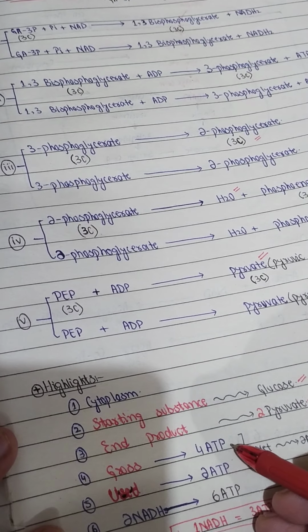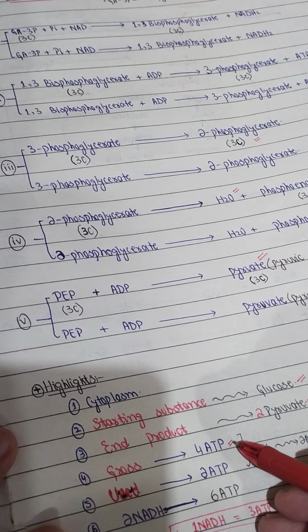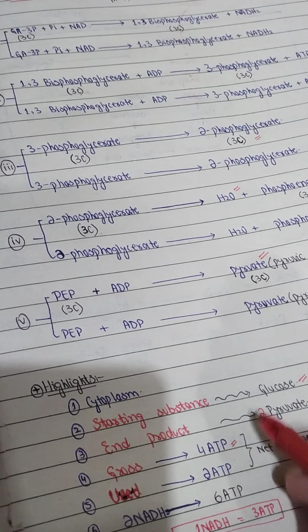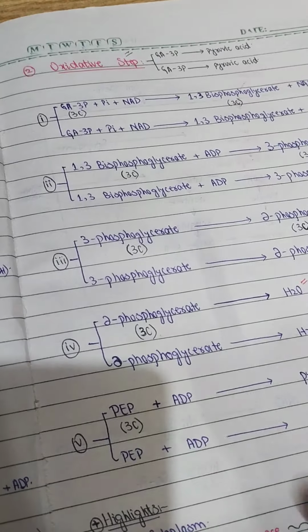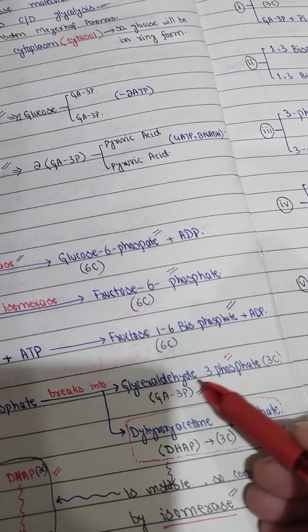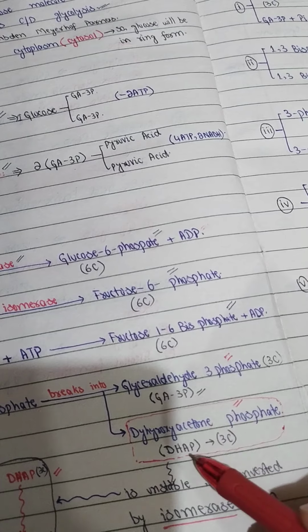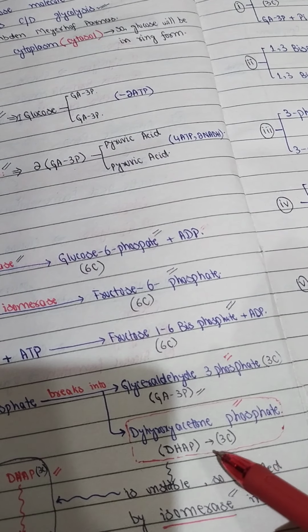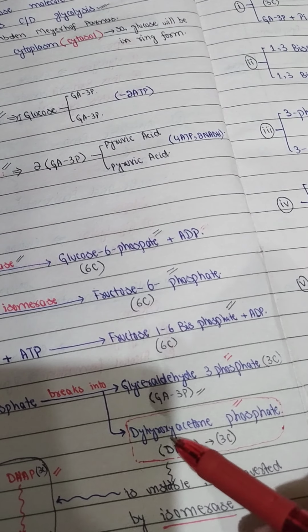The gross ATP formation is 4 ATP. Here 4 ATP form because in the preparatory step one glyceraldehyde 3-phosphate forms and the second one is dihydroxyacetone phosphate. So dihydroxyacetone phosphate is an unstable substance, so it converts into glyceraldehyde 3-phosphate.